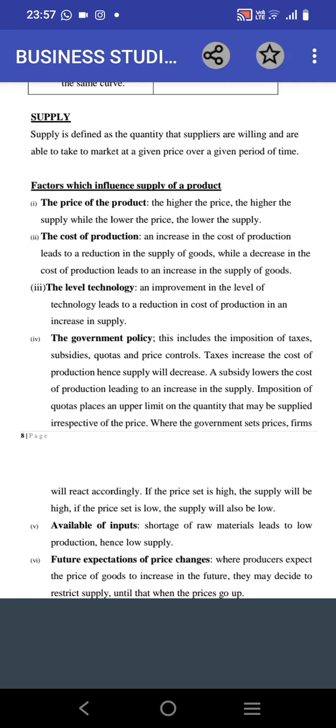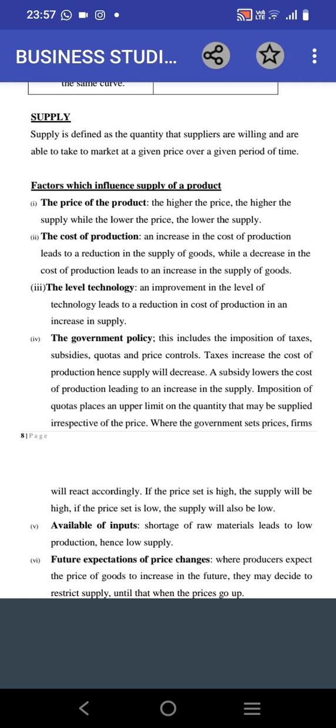Then some are mixed and some are made goods. If the final product is handmade by the supplier or the producer, it will be supplied for people to buy.